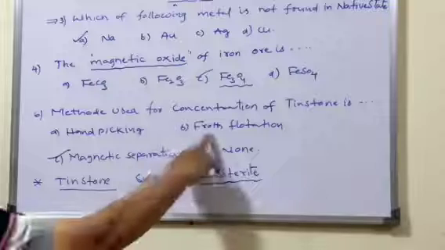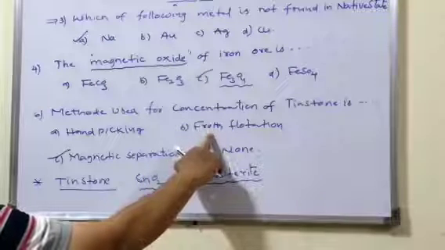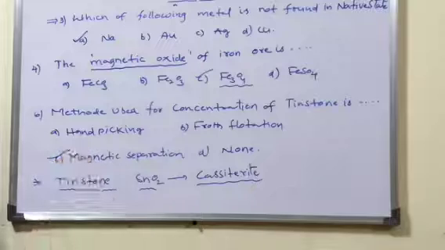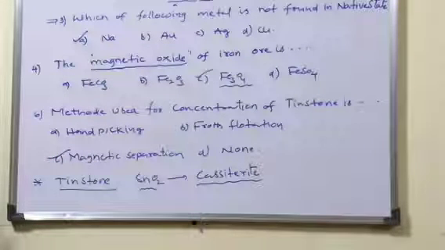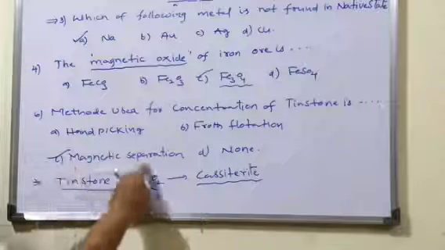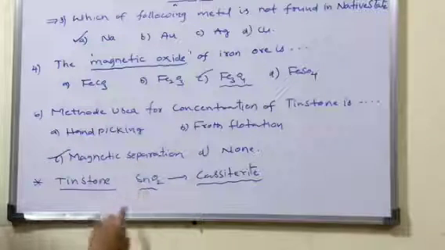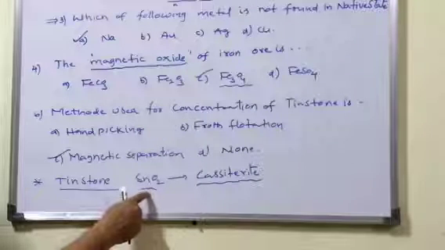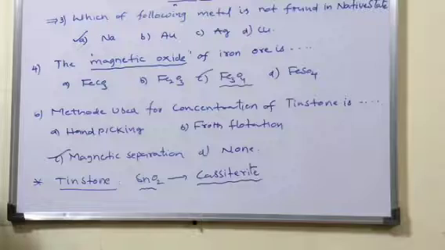Magnetic property is generally used for magnetic separation. Froth flotation is for sulfide ore. It is not sulfide. Hand picking is only for stones and sand particles, which we pick out by hand. So magnetic separation: the metal ore which has magnetic metals and non-magnetic impurities, we concentrate by the magnetic separation method.